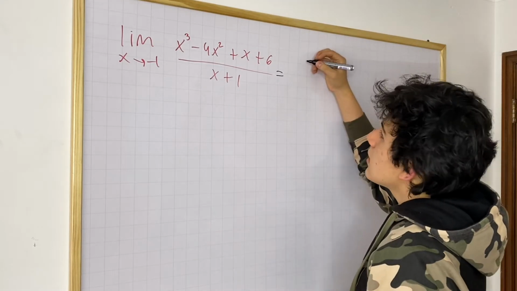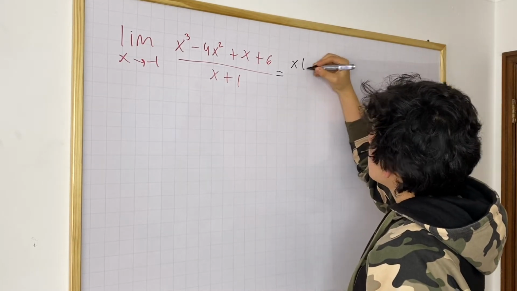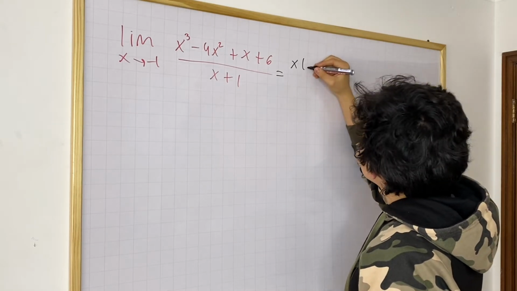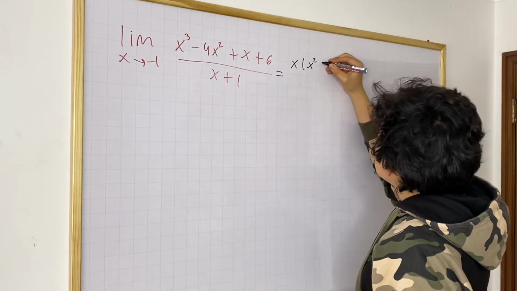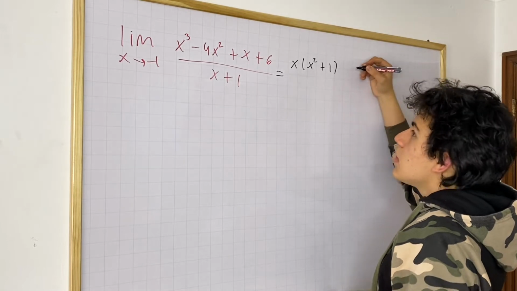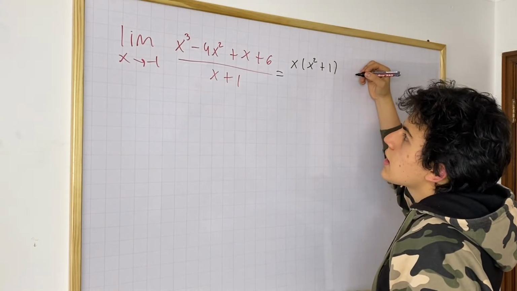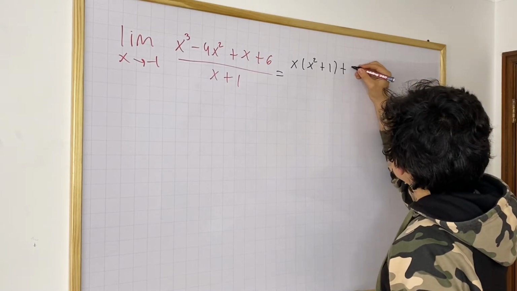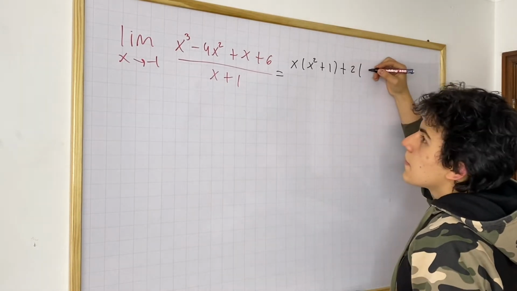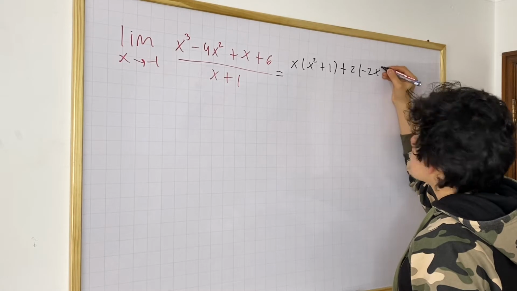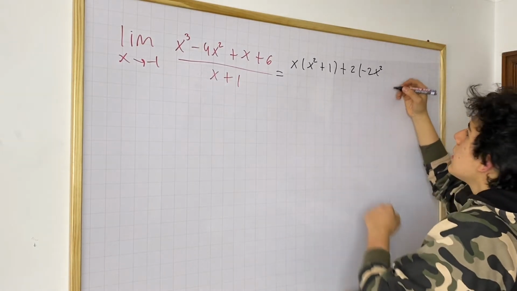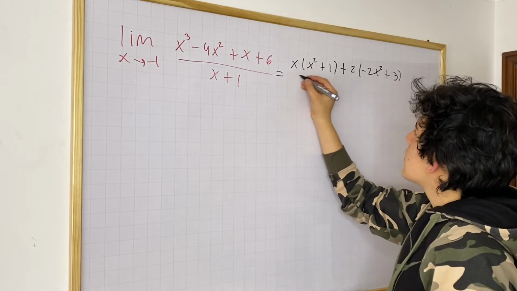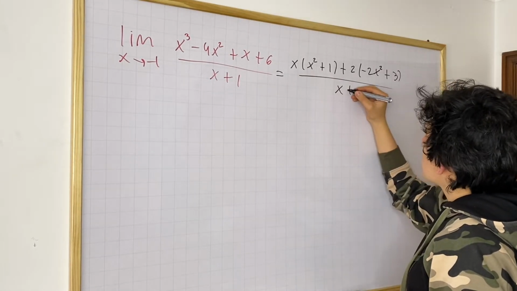So we could have x times x squared plus 1, plus, should we take -2 out or +2? Well, I'm going to take +2, plus 2 times -2x squared plus 3. And all of this is going to be divided by x plus 1.